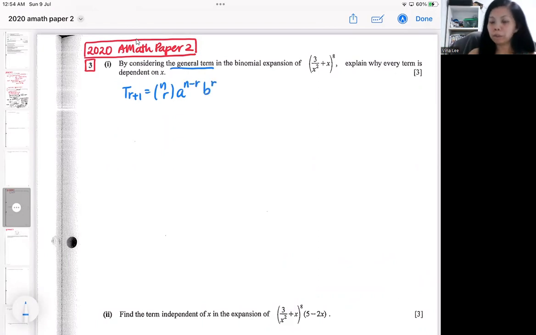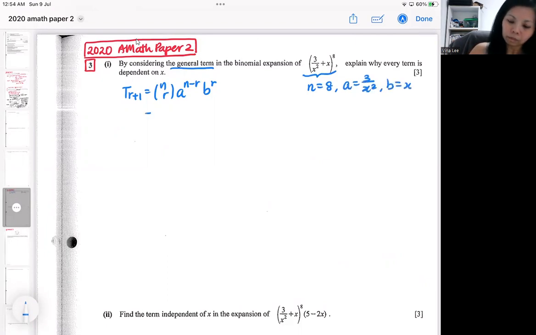So you must remember the formula, and then you look at the question here. You should be able to tell that n is equal to 8, a is equal to 3 over x squared, b is equal to x. So you should be able to plug into the general formula.